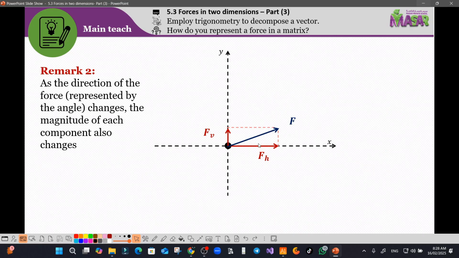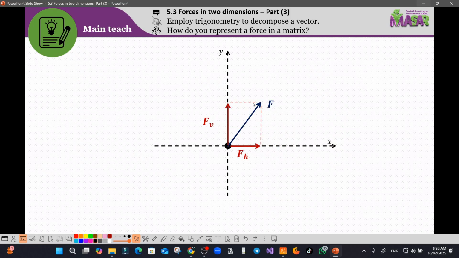Now, if we make F closer to the y-axis, F V increases and F H decreases. If we increase it again, with F closer to the y-axis, F V is longer and F H is shorter, until F is perfectly aligned with the y-axis.